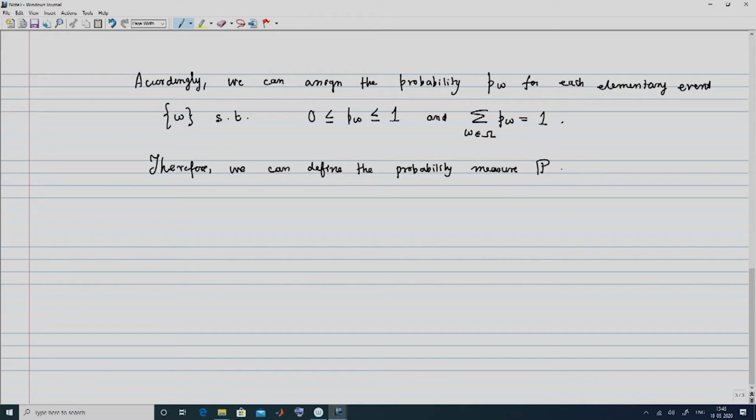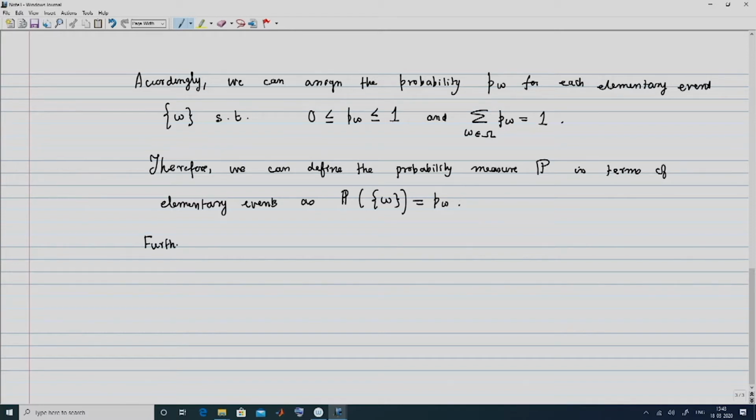We will define the probability measure p in terms of elementary events as the probability of the elementary event little omega, this is p subscript omega that we have already introduced.